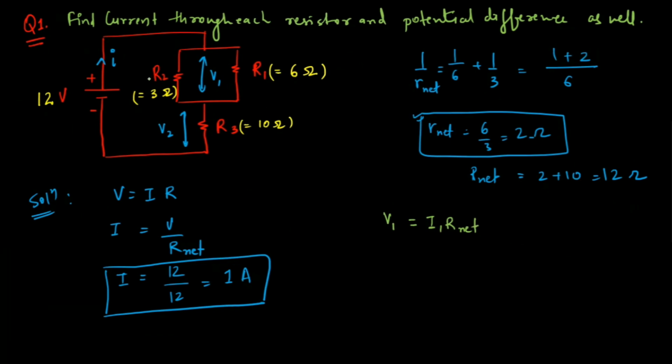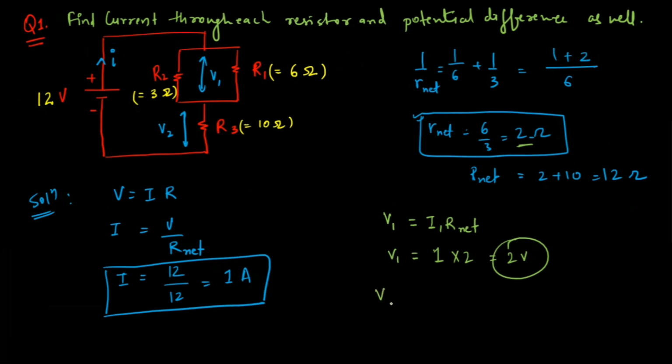This I1 is nothing but I only, because the net current passing through this section is I, which is 1 ampere. So V1 equals I1, which is 1, times R net, which we just found as 2. So the potential across this section is going to be 2 volts. So across R1 and R2, the potential is 2 volts.